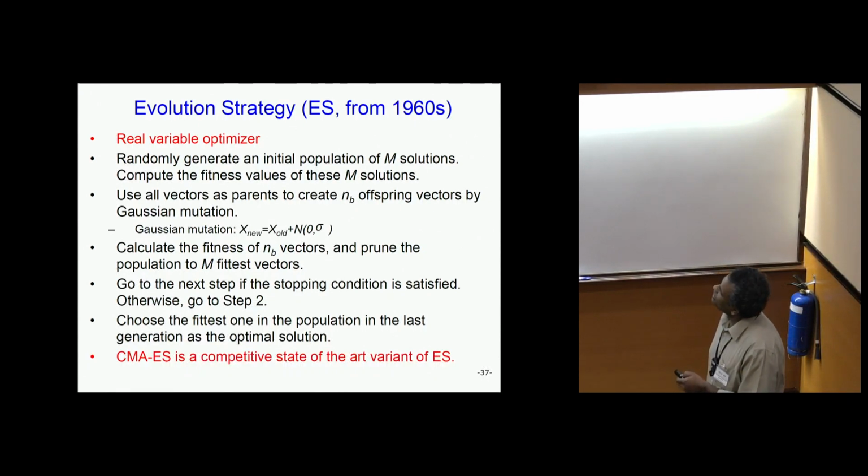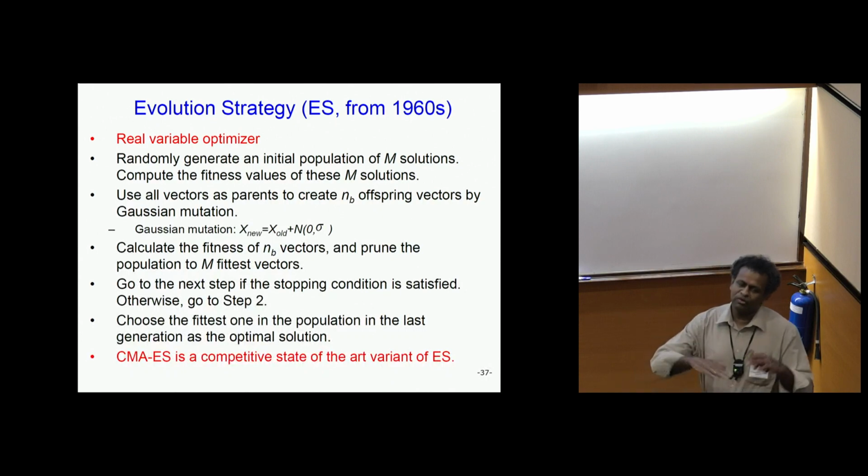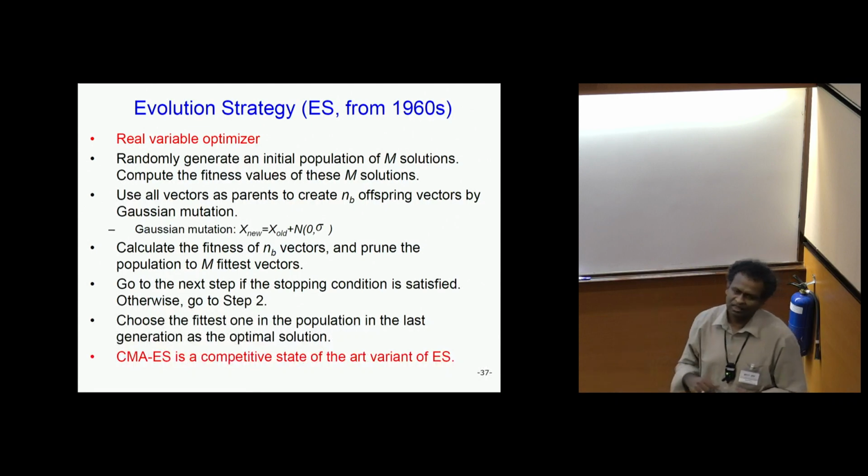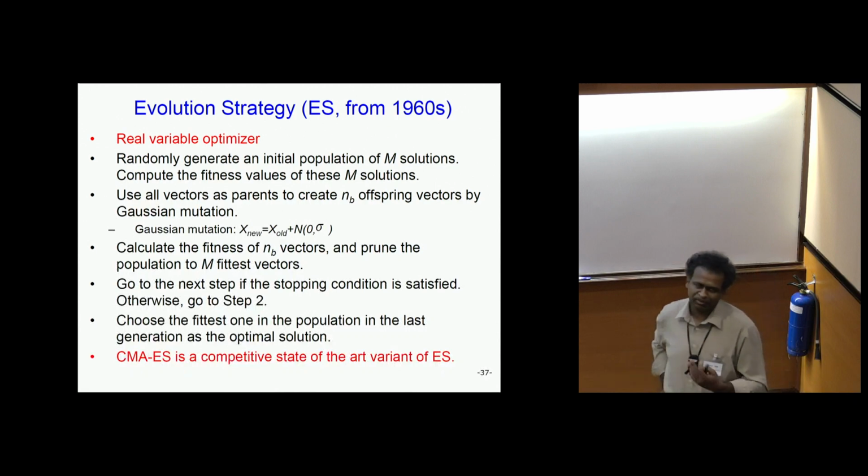So this is the iterative step: mutate the current population, evaluate, and then downsize to the capital M population size, and then generate offspring, evaluate, downsize to capital M. When you downsize, you are looking at the fitness values. The easiest way may be to just rank all of them and take the best ones. This is a greedy type of operation. You select the best ones, so that may take you to local convergence.